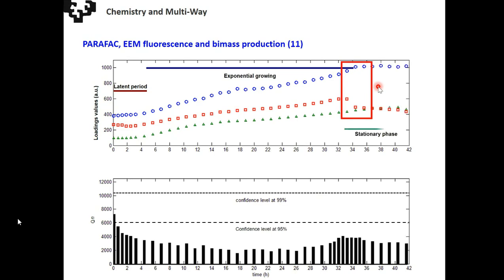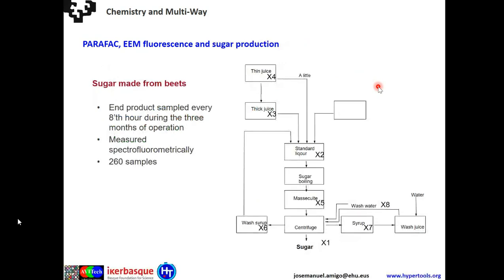Okay, and indeed, if we want to extrapolate this to real industry, because this was in the laboratory, in Denmark there is a company that controls the development of biomass and sugar production by using excitation emission fluorescence.